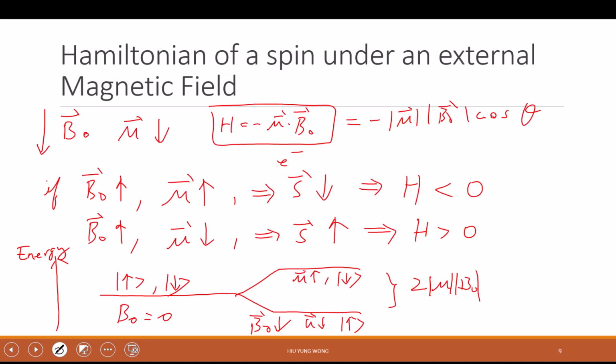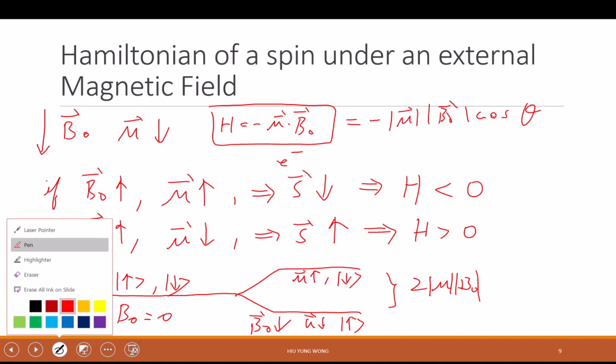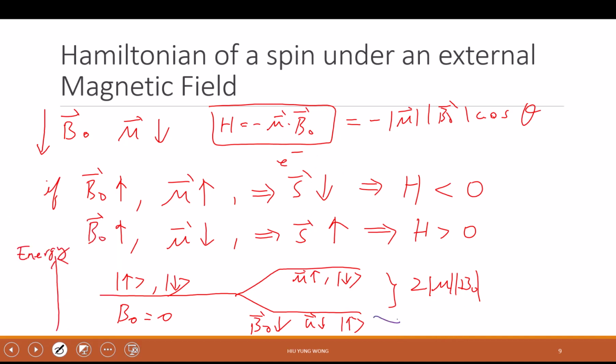What is the energy that I apply when it is a 0 state? What energy does it get? Negative mu B0, right? When it is the down state, it is mu B0, correct? That is the energy it gains when we apply the magnetic field.